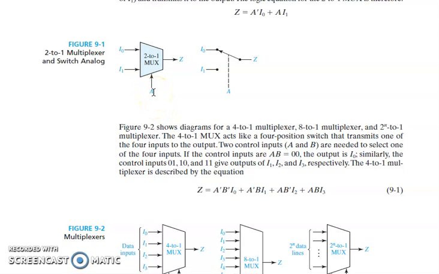If my control input is 0, then the I0 bit will be chosen as output; whatever is flowing in I0 will flow across our output. If the select input is 1, the content of I1 will be chosen as our output, so I1 will be connected to this Z. Internally, it works like a switch, as shown here.